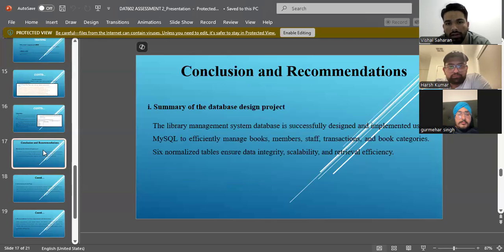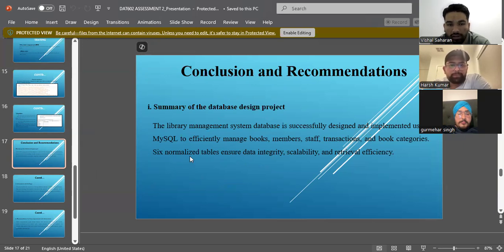In the conclusion and recommendation, here is the summary of the database design project. The library management system database is successfully designed and implemented in MySQL to effectively manage books, members, staff, transactions, and book categories.